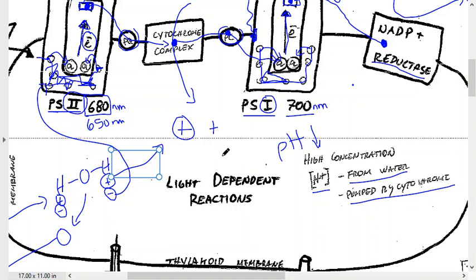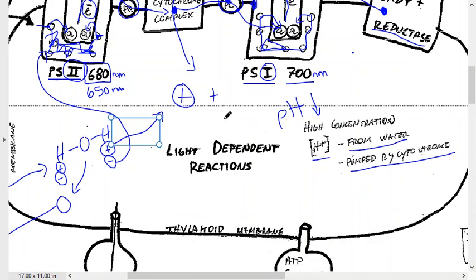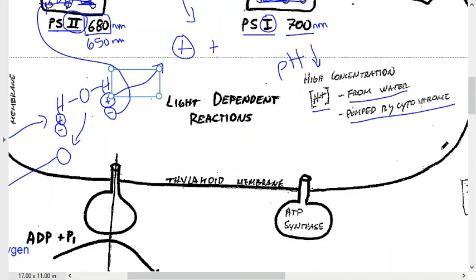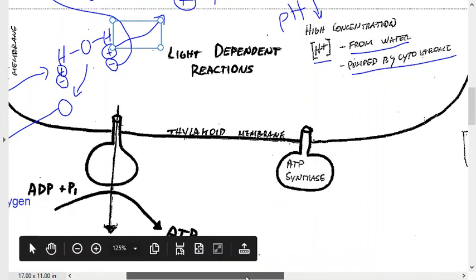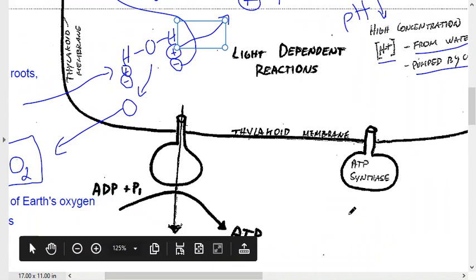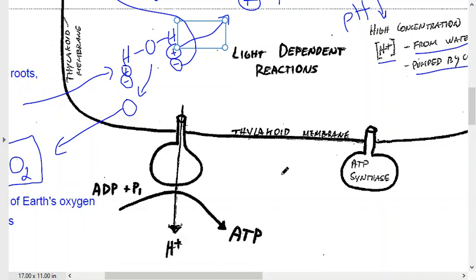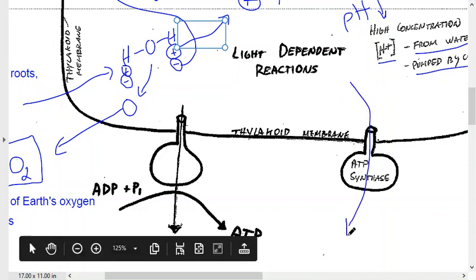All right, and the story is actually really similar at this point to what we saw in cell respiration, because here we go. We have ATP synthase. ATP synthase is also in the thylakoid membrane. And the same thing happens in photosynthesis as did in cell respiration.